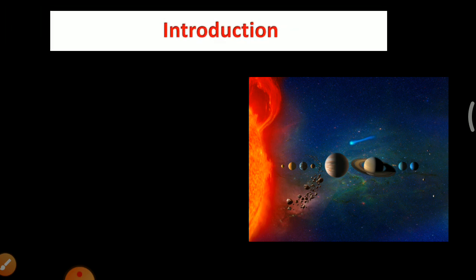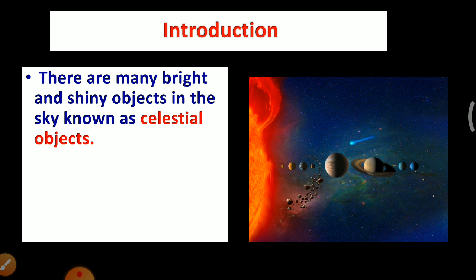The introduction. There are many bright and shiny objects in the sky known as celestial objects. The stars are very bright, and the sun is a very shiny object. These objects are present in the sky.